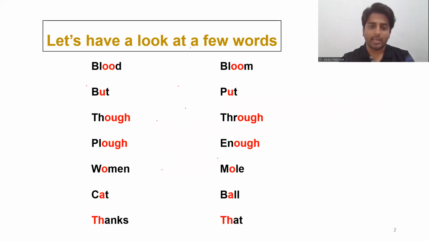Again, in cat, a gives the sound a, and in ball, b-a-double-l, a gives the sound aw. See again, thanks, t-h-a-n-k-s, the letters t and h together give the sound th. But in that, the same letters give the sound the.